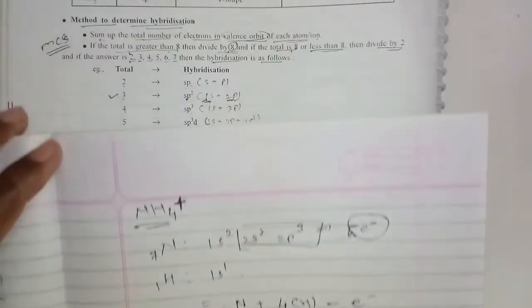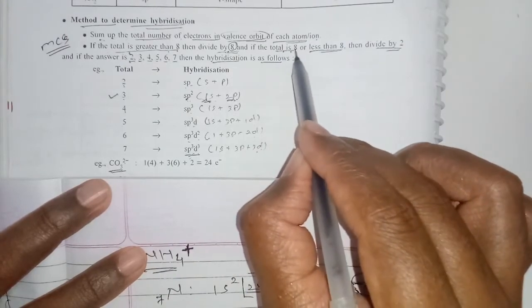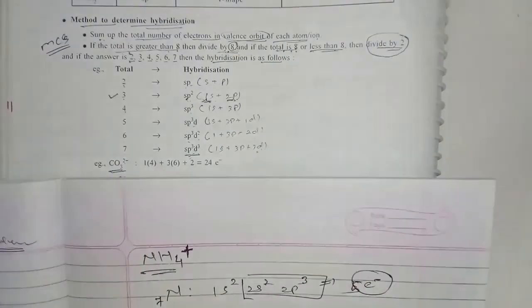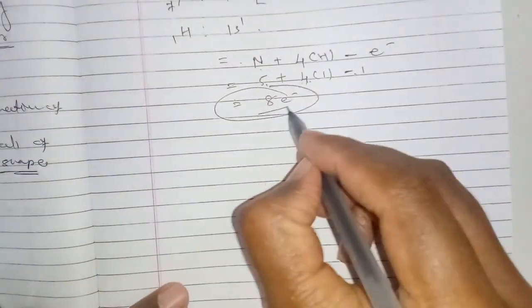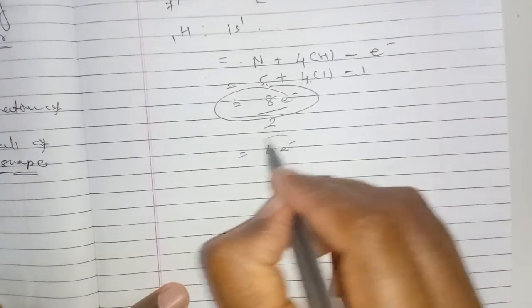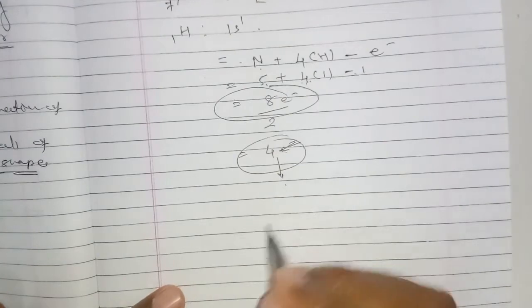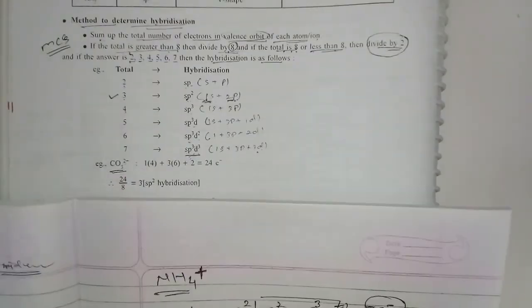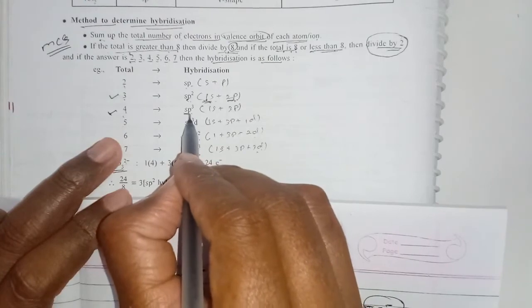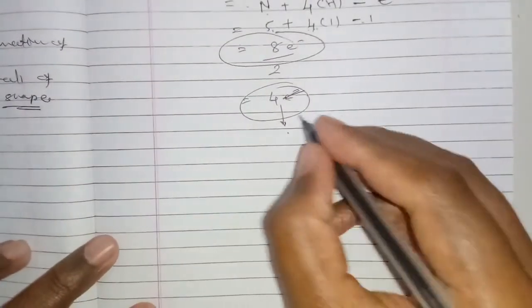Here is the other condition: if the total is 8 or less than 8, then divide by 2. So we divide by 2, and that gives 4. The total is 4, so the hybridization is sp3 type hybridization.